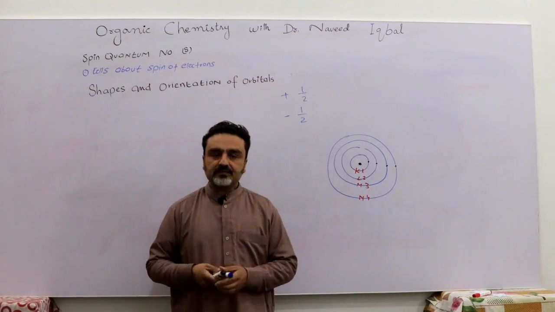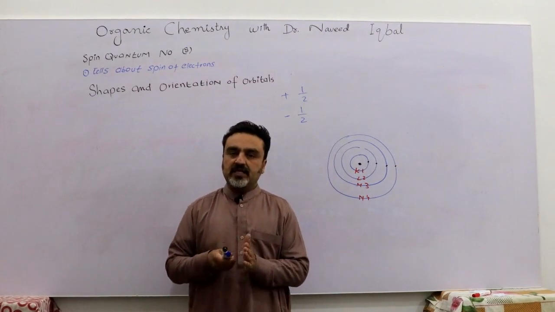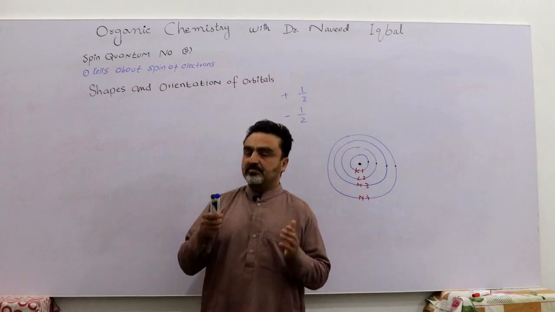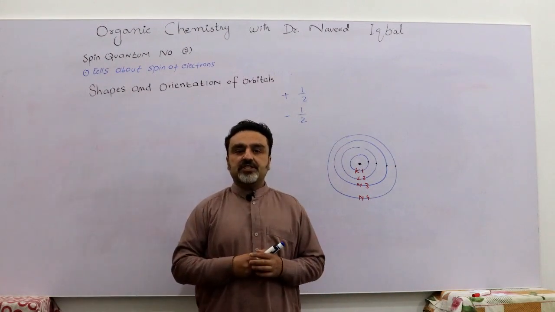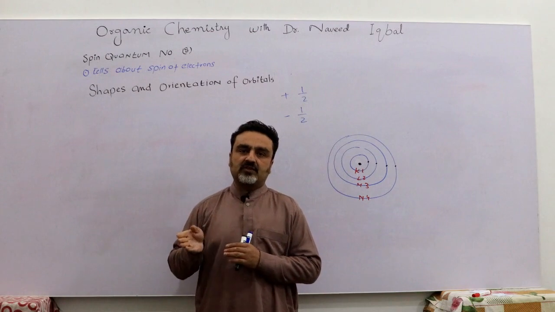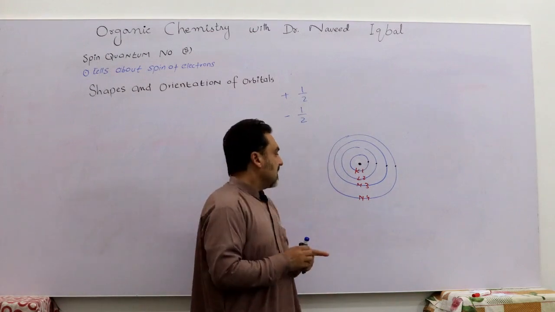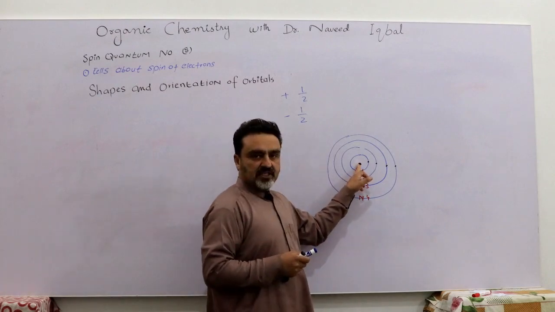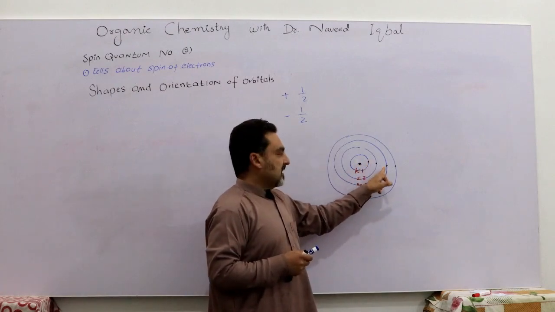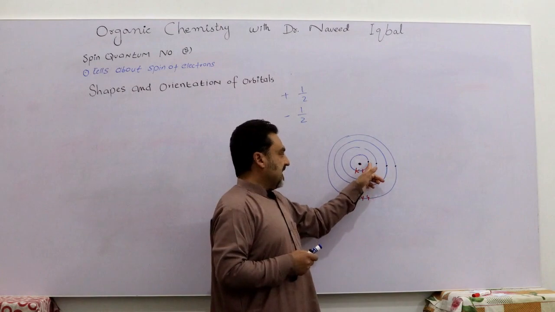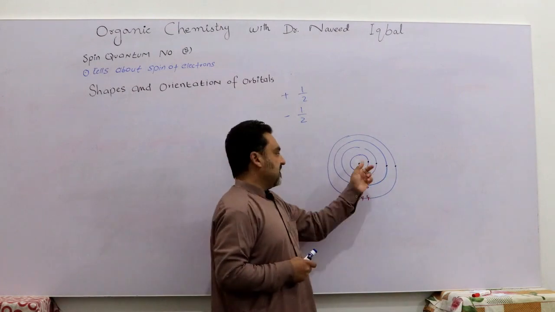Now, the position of an electron. I told you that the spin quantum number doesn't tell anything about the position of an electron with respect to the nucleus. As you see here, this dot is the nucleus, and these are the electrons. In the K shell, the electron is very near to the nucleus.